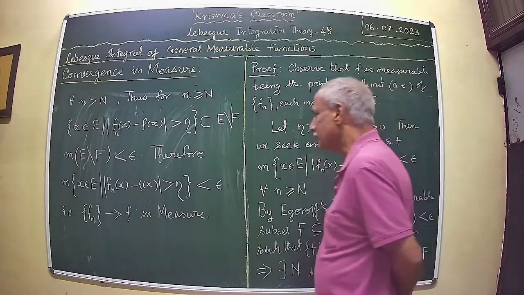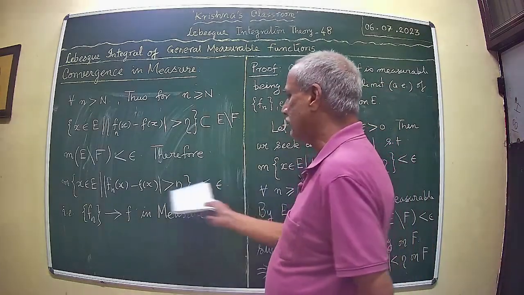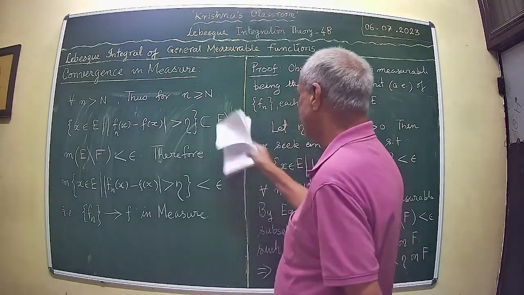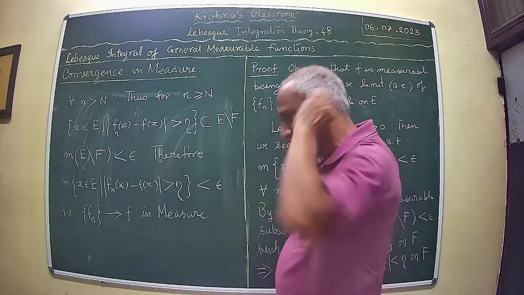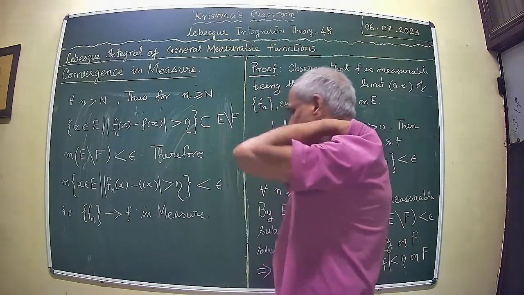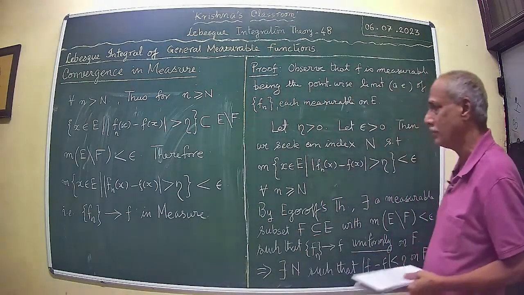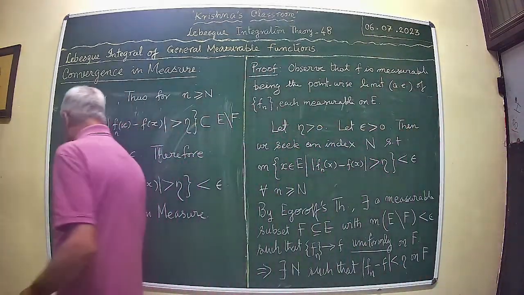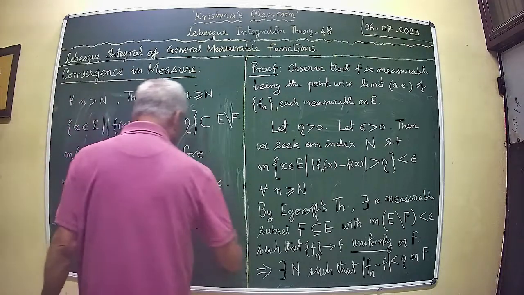So you cannot write this part at all because E minus F is not necessarily a finite measure. Therefore, you cannot make the statement. So we make a remark. So this completes the proof of it.